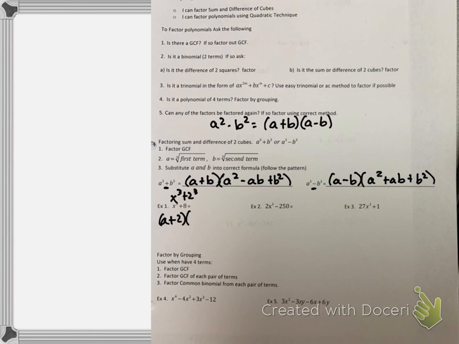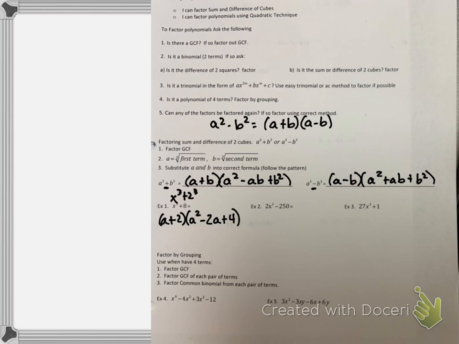And then I'm going to square the first one, x squared, multiply them together and change the sign. So minus 2x, and then square the last one. So 2 squared is 4. And then you check to see if you can factor again, but we cannot factor this trinomial because there are no factors of 4 that add to get negative 2.